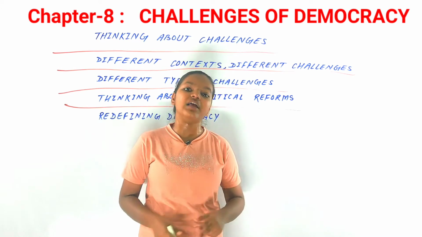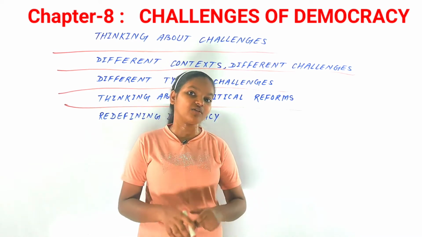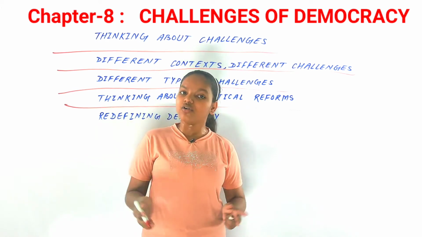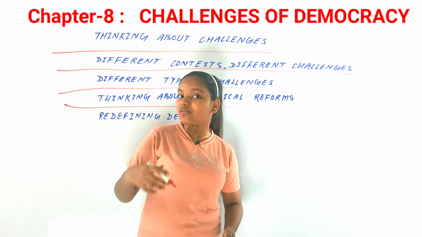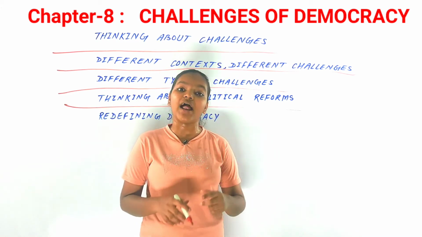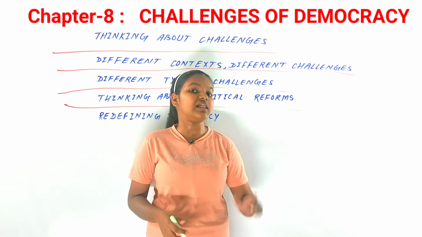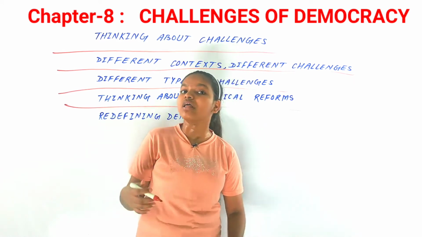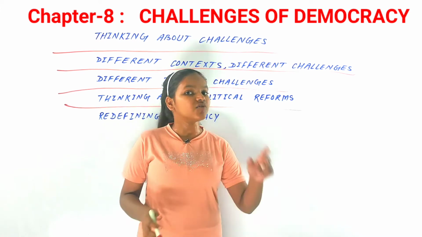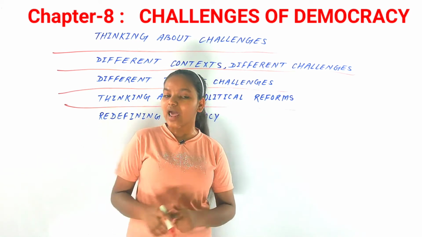For example, in many states, people who have more than 2 children have been banned from contesting elections, and it was for a good purpose, but now it has been having more negative effects than good effects. More poor people and women are now being denied the chance to contest in elections. They can't afford to contest because of this law, which was not intended by the government that made these types of laws.